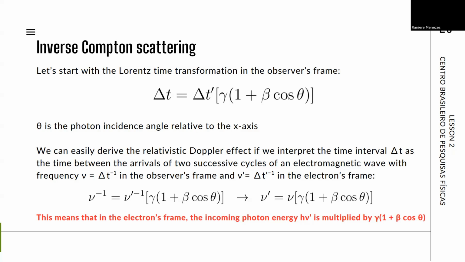This means that in the electron's frame, the incoming photon energy, epsilon prime, is multiplied by this factor, which is always above 1, okay? So we can imagine an isotropic distribution of photons, okay? And a relativistic electron passing, okay?